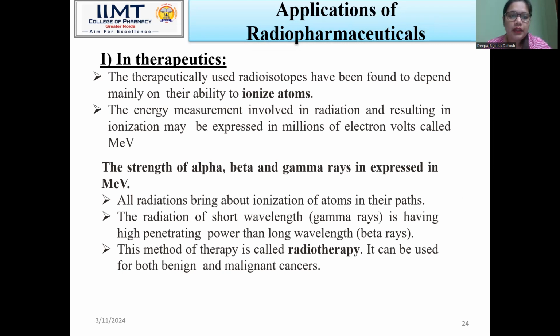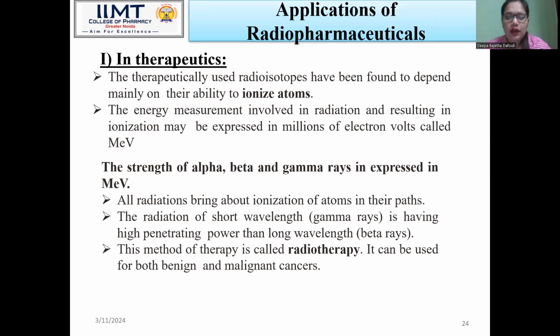Therapeutically used radioisotopes have been found to depend mainly on their ability to ionize atoms. The energy measurement involved in the radiations and resulting in the ionization may be expressed in millions of electron volts, called MeV.